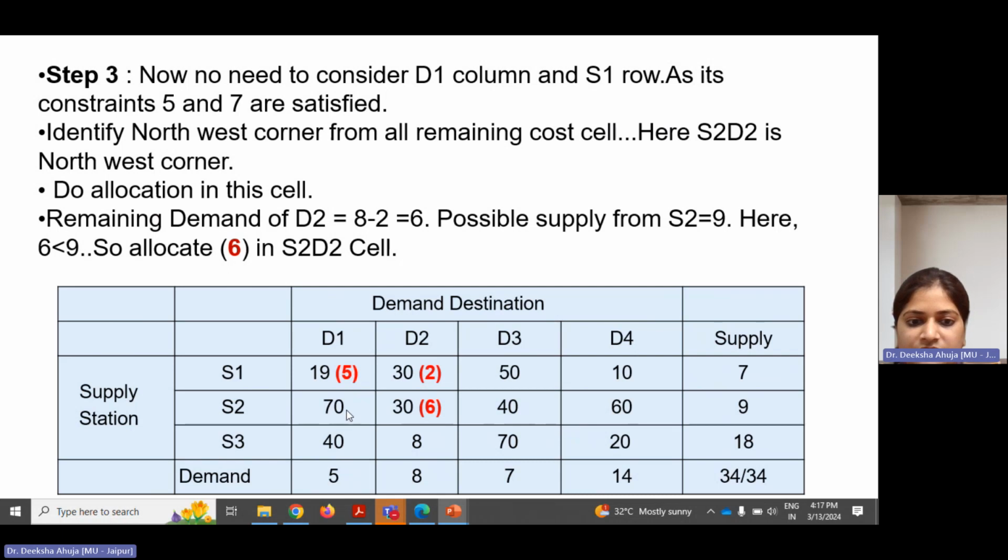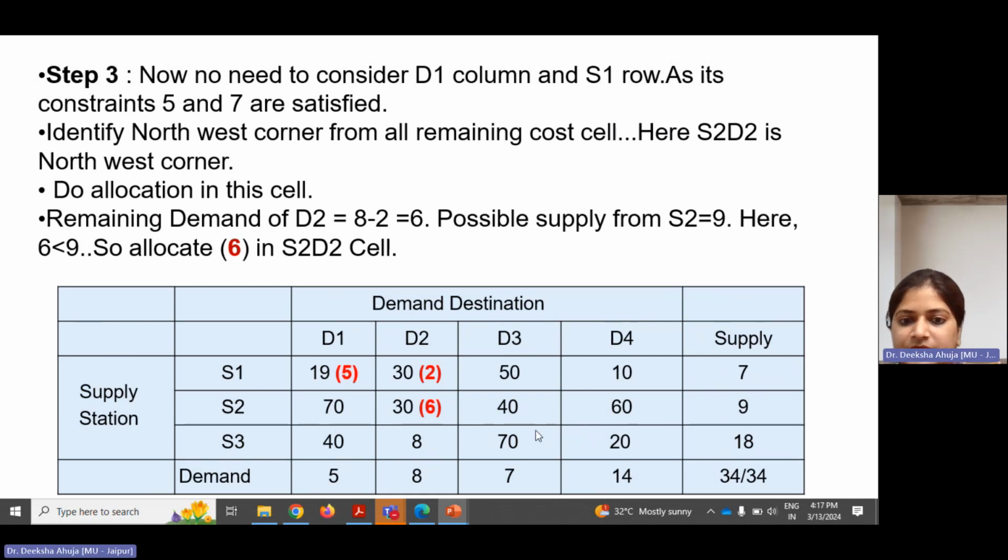Similarly, check it out. The 5 is allocated here, total is 8 here, and the demand total is 8. We allocated 2 and 6, so we don't have any balance in the demand, and we are not supposed to allocate in this cell.